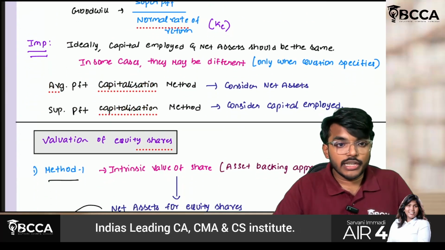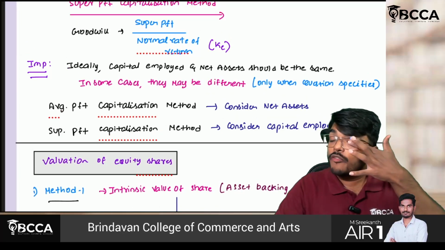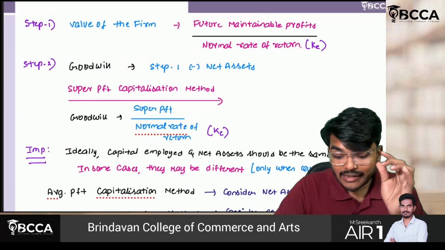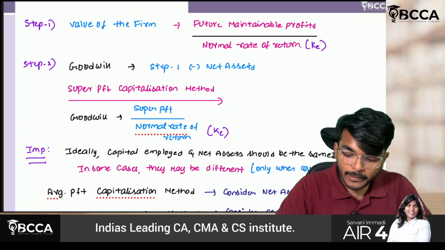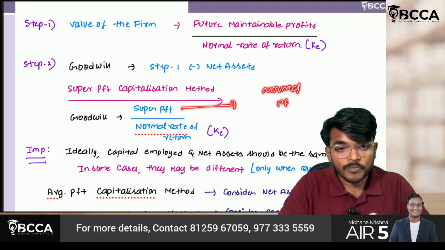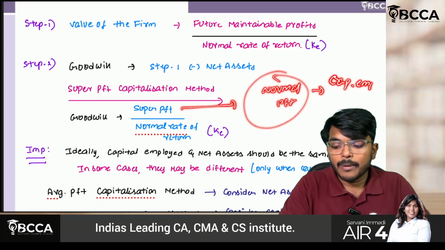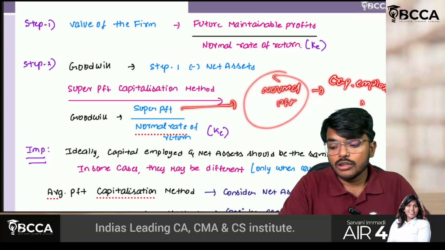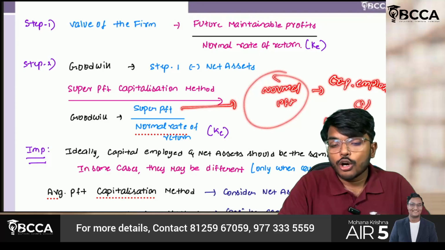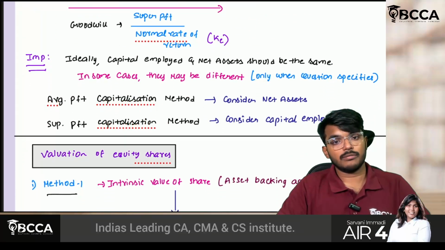But while calculating super profit, if you remember, you also have to calculate the normal profit. Sir, how will I get normal profit? You have to take the capital employed into normal rate of return.